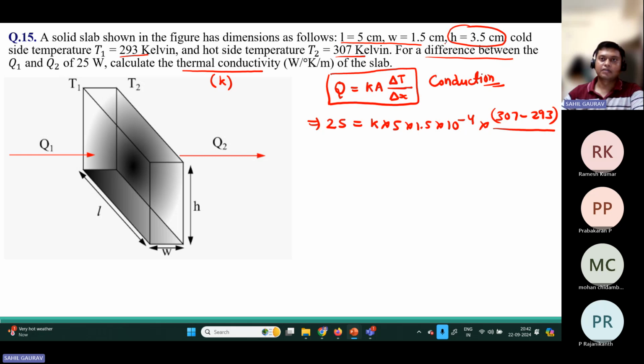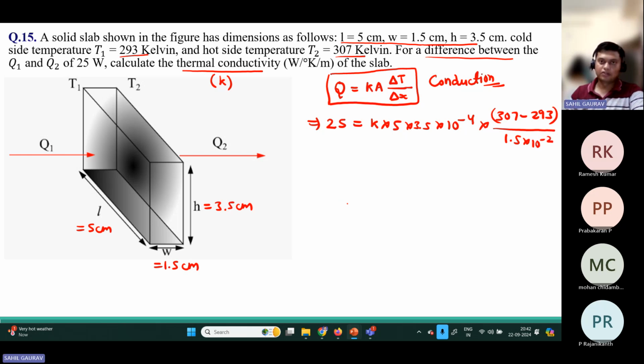Sorry, I have taken it wrong. This height will be taken as this area and this width is 1.5. So this will be taken as delta X along which this heat transfer happens. So this one is 5 centimeter, length is 5 centimeter, and height is 3.5 centimeter. So delta X will be 1.5 into 10 to the power minus 2.